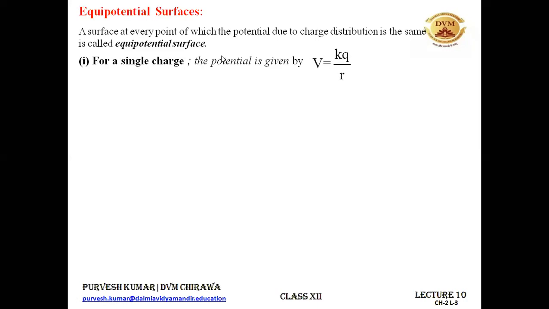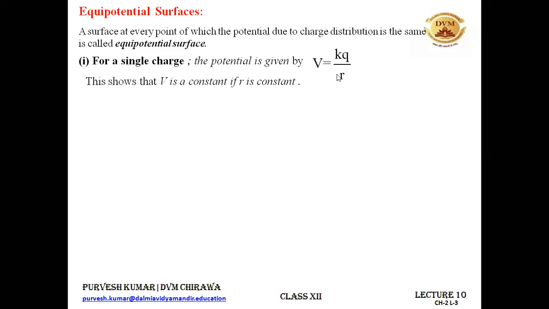For a single point charge, the potential at a distance R is given by V equal to KQ by R. This is our formula. So it means that V remains constant if R is constant. If we keep R constant, then the value of V remains constant because K is constant and Q is constant.